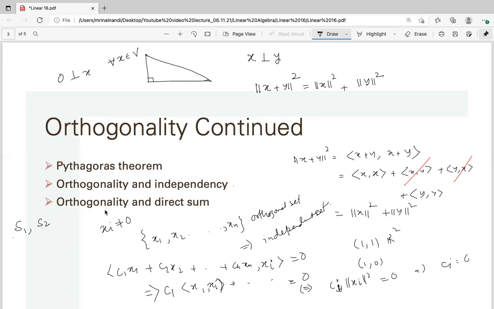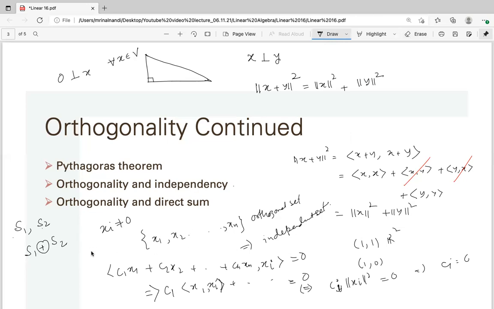So if we consider S1 and S2 as subspaces and they are orthogonal, then this sum is actually direct.